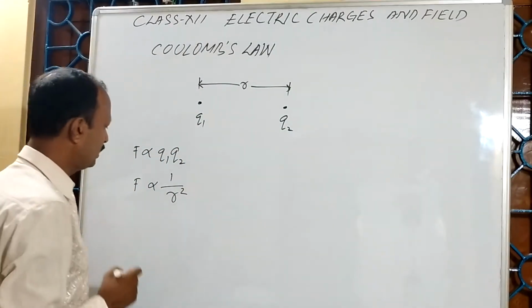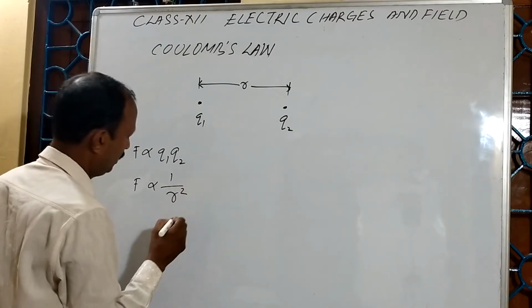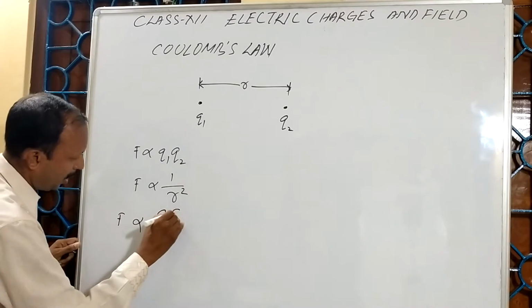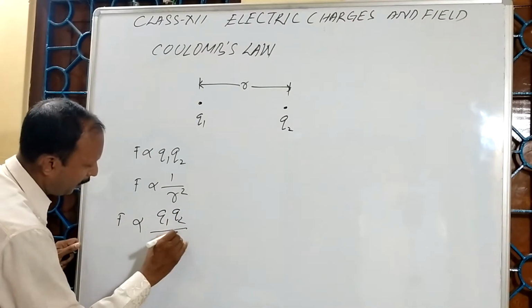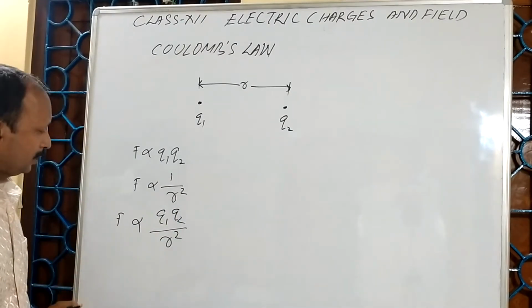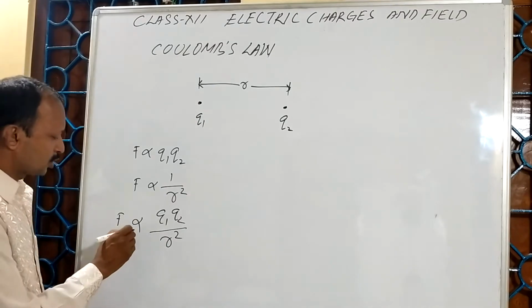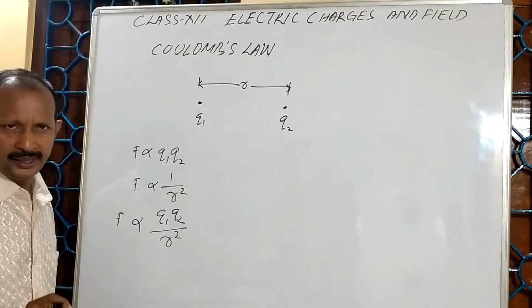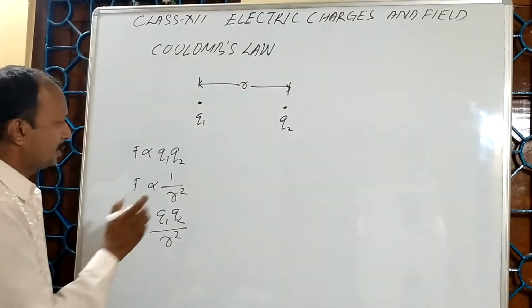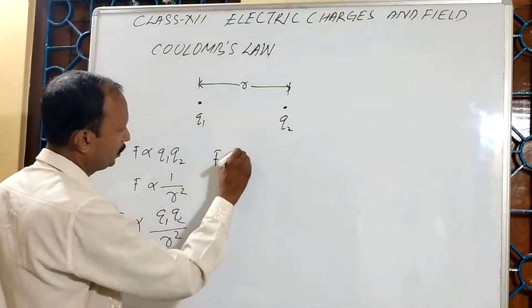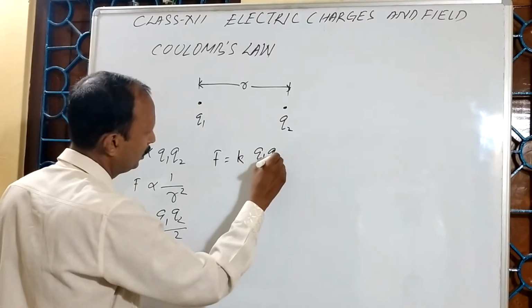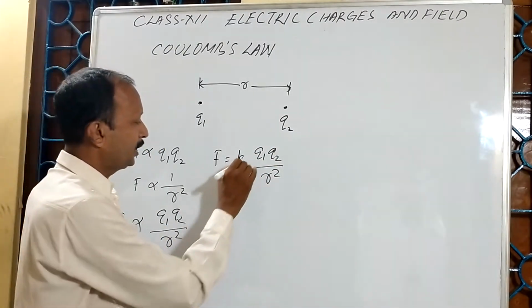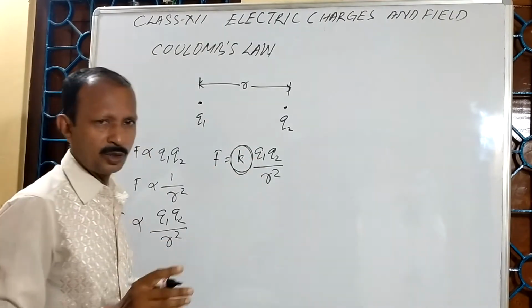If I combine these two equations, then I shall get F proportional to Q1 Q2 upon R square. If I remove this proportionality symbol and use the equality, then F equals K Q1 Q2 upon R square, where K is a constant of proportionality.